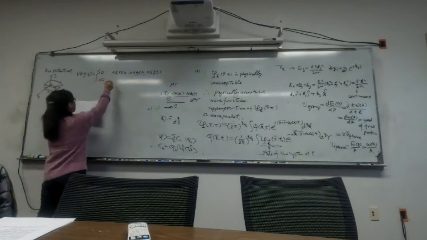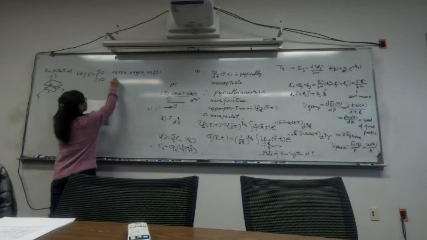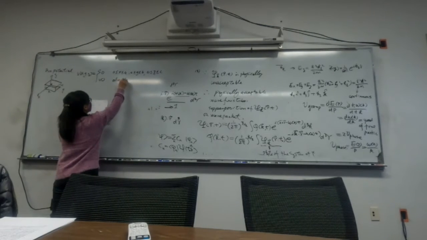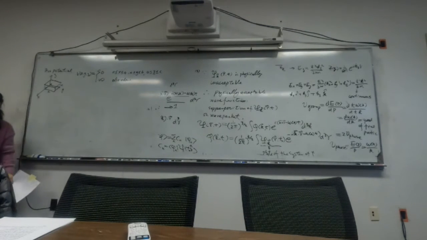And then infinite elsewhere. That is the box potential. Okay, can we write this potential as separable?